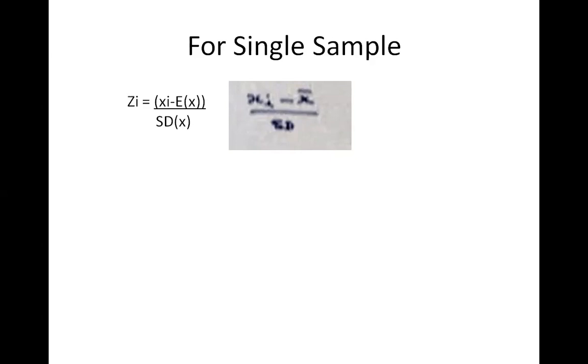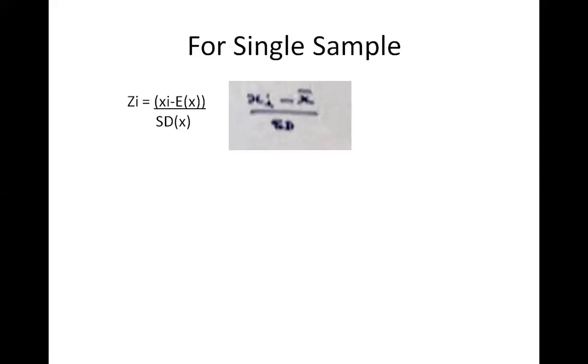If Z score is 2, it means that the value of that particular variable is two standard deviations away from mean. So it is the deviations from mean in terms of standard deviation. This is known as Z score, and I'm talking about single sample.